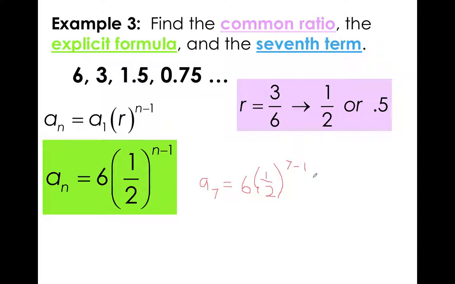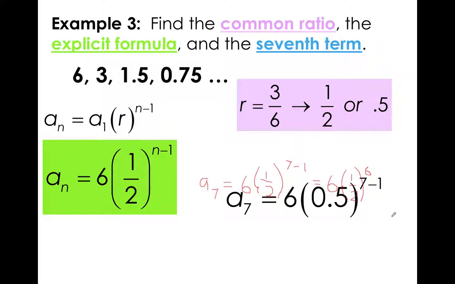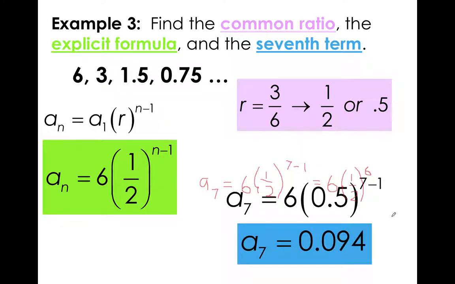So in your calculator, you actually would write it as 6 parentheses 1/2 and then you put to the 6th power because 7 minus 1 is 6. So this is going to tell us what's in our 7th spot, and we know that the term that's in the 7th spot actually comes out to be 0.094.